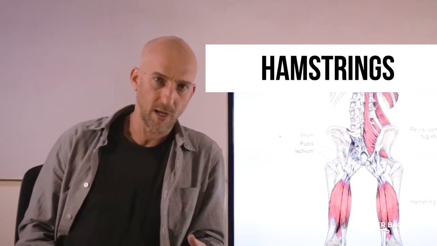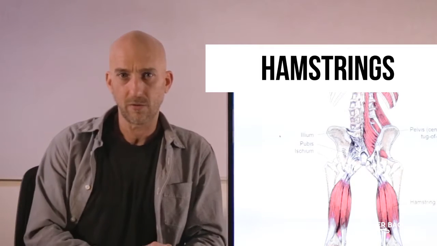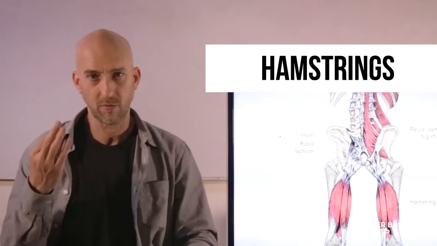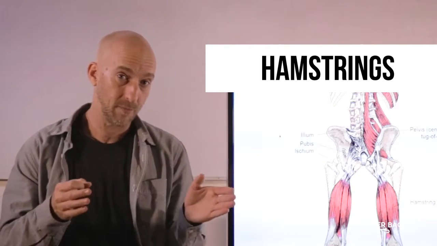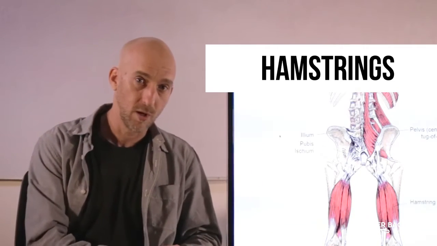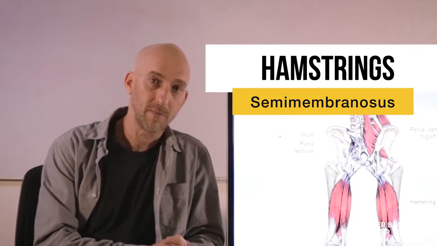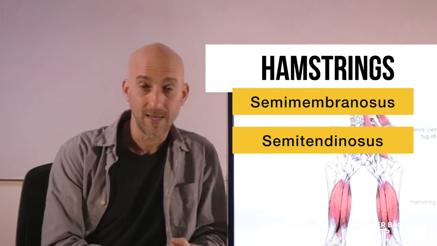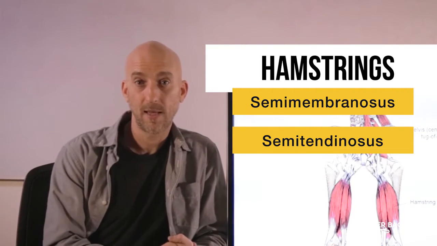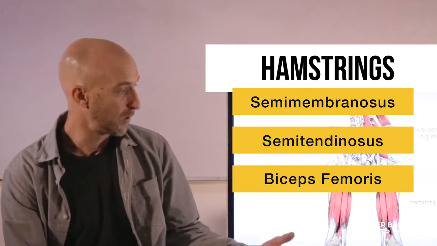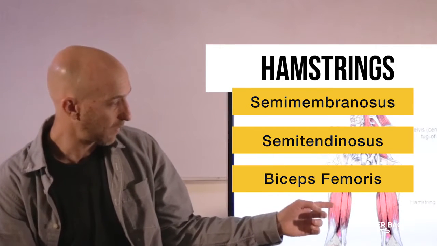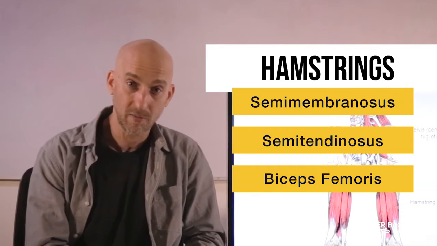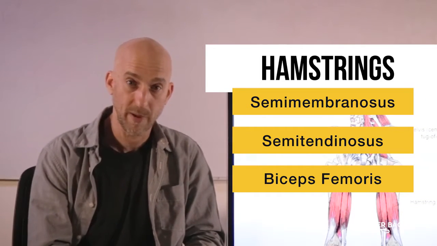When you look at an anatomy book and you see how they lay out the hamstrings, they're going to give the hamstrings three different names for three different individual muscles. Technically speaking, we're talking about semi-membranosus, which means it's like a membrane, semi-tendinosus, which means it's like a tendon, and then biceps femoris, which make up your three muscles that are called hamstrings in English. Ischiotibialis if you're in the Spanish-speaking world.